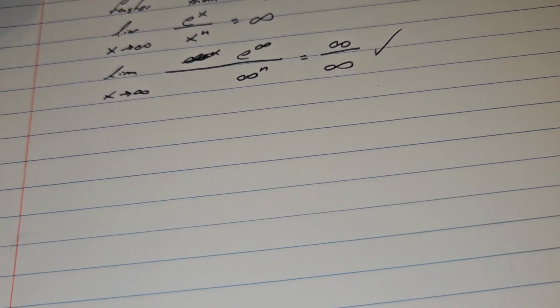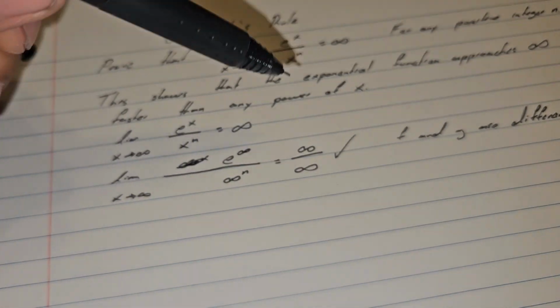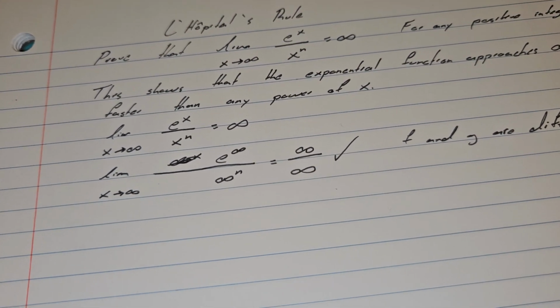Since f and g are differentiable, since we can take the derivative of both of these, we can use L'Hopital's rule. We need f and g to be differentiable. So we can take the derivative of this one, and we can take the derivative of that one. So they are differentiable.